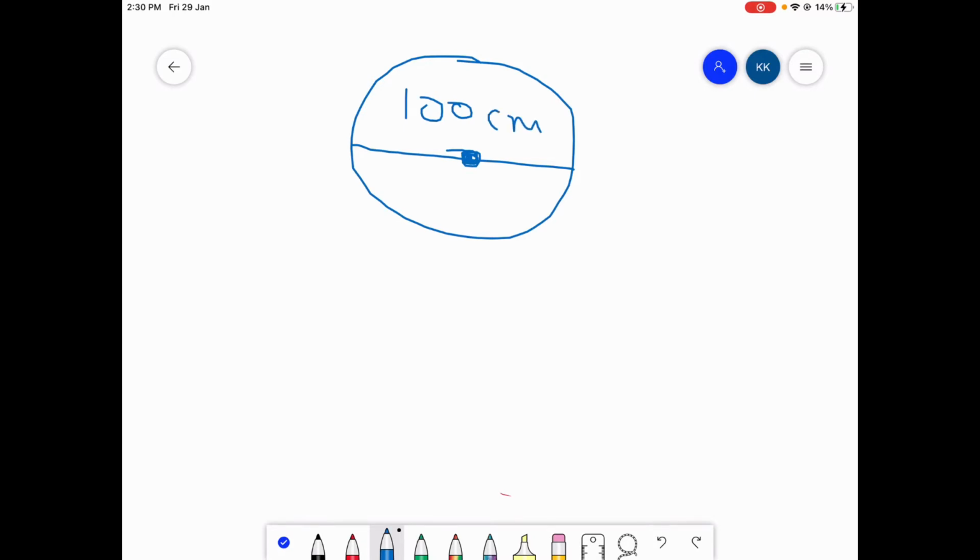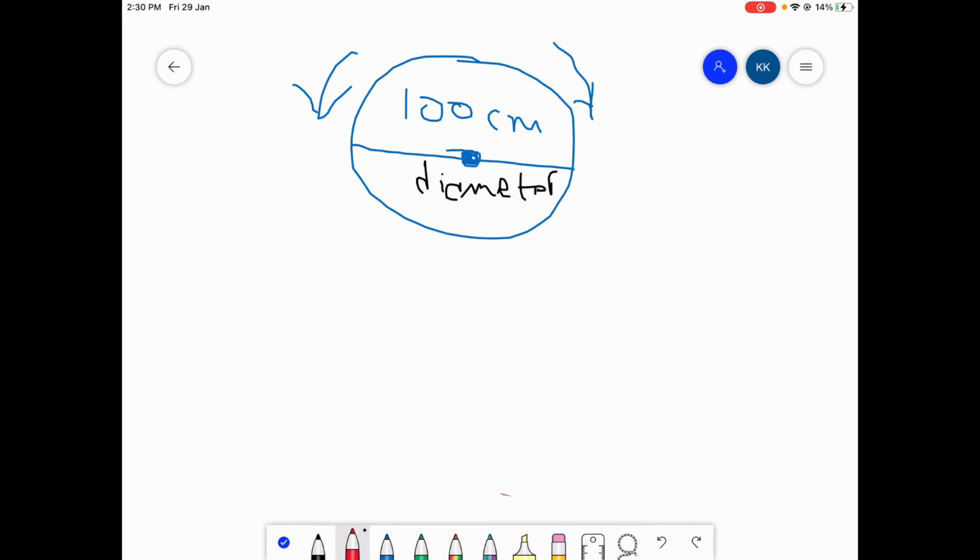We want to estimate the length of the circumference around the circle. So we want to find the circumference, and this is the diameter. Okay, let's find the circumference.